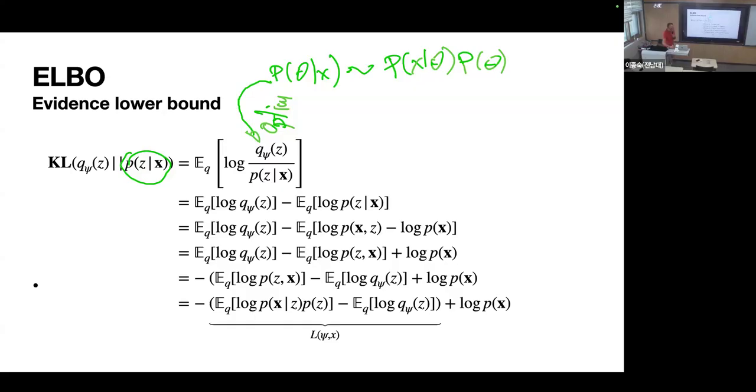This function is actually an expected value of this logarithm. And because we have here a logarithm of a division, this is changed into a minus sign. So we have the expectation value of the logarithm of one probability distribution minus the expectation of the other probability distribution. If you are saying, what does this mean? Let's write this thing f of x.